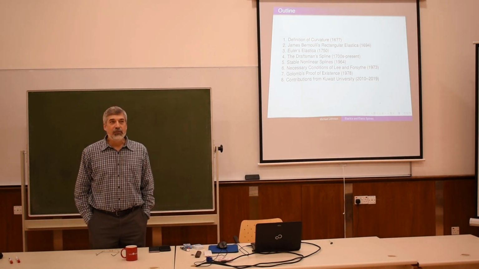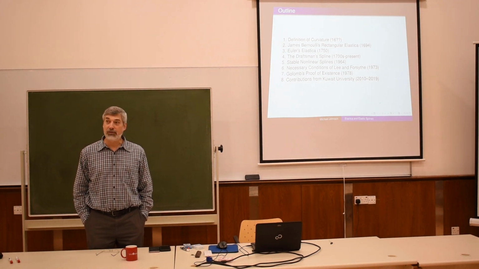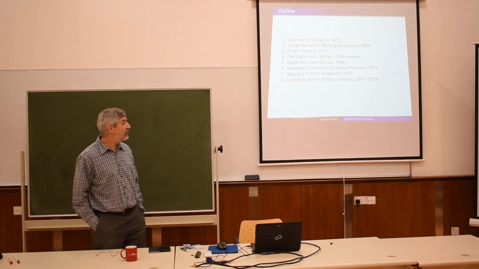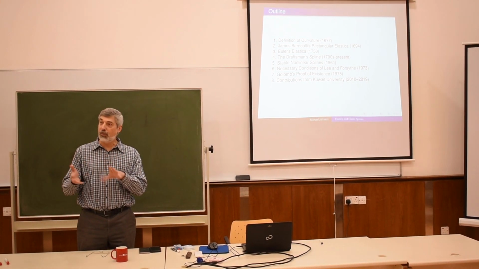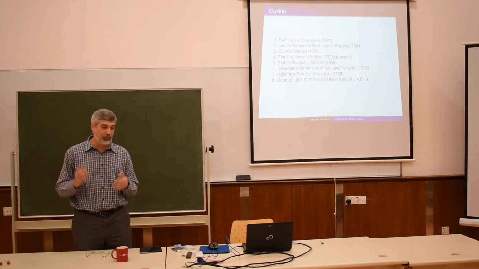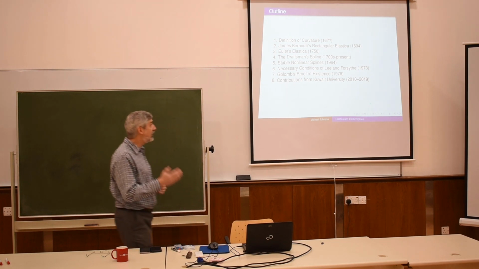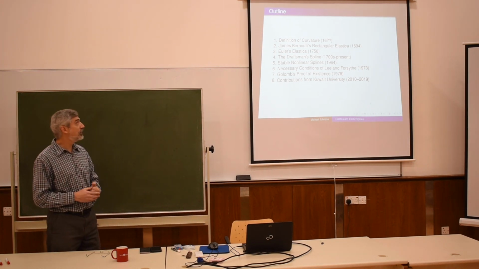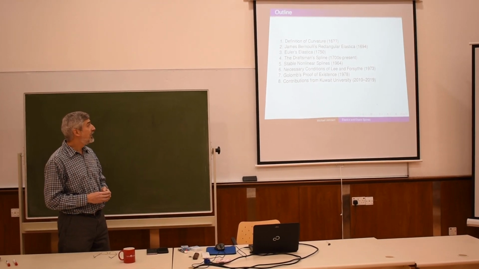I think many of you haven't been introduced to curvature in Calculus 2, so I'll have to do that at the very beginning because a lot of what comes afterwards involves curvature. This is applied to a curve. And then we'll go back through history. We'll start with James Bernoulli's rectangular elastica in 1694.